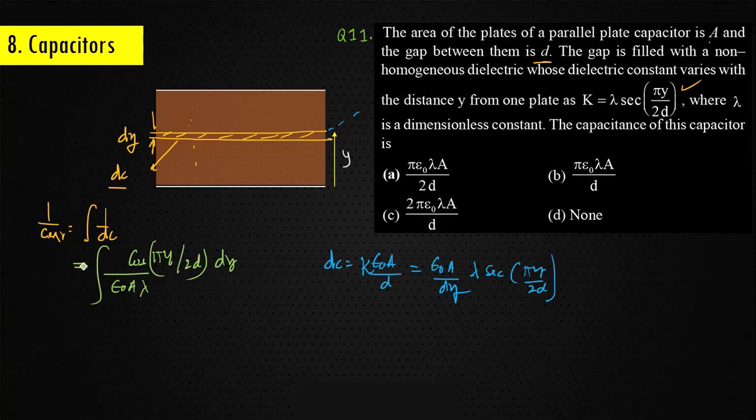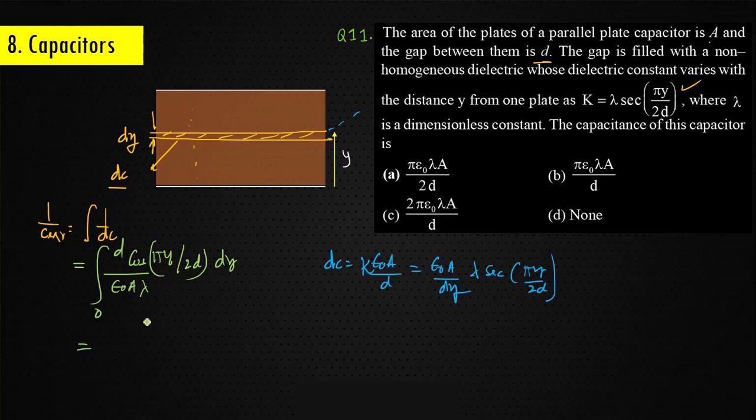So ultimately what I am getting is cos theta. If I do the integration, here the limit is from 0 to d. d is the gap. Once I do this integration, cos theta becomes sin theta, but here 2d by pi will be multiplied.